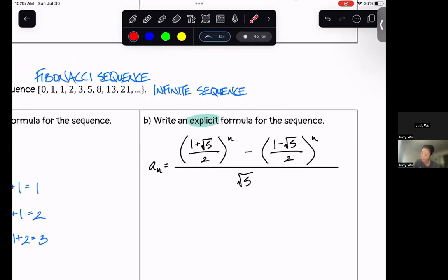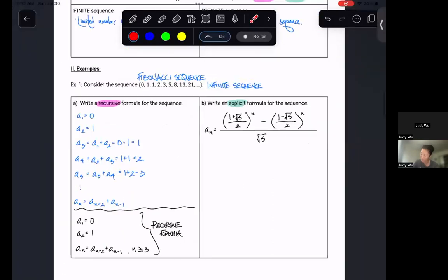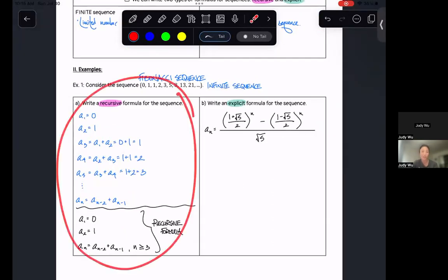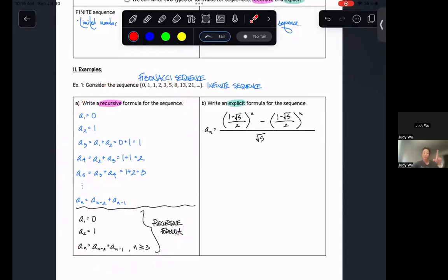Why would we ever want an explicit formula if we could find the recursive one just from the pattern? Like, why do we need two different kinds of formulas? So, let me tell you why. This recursive formula is handy. It's handy because you can usually find it from the pattern that's happening in the numbers. But in order to find any term, you have to know the two terms that come directly before it, okay?